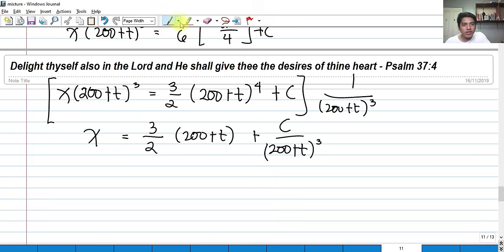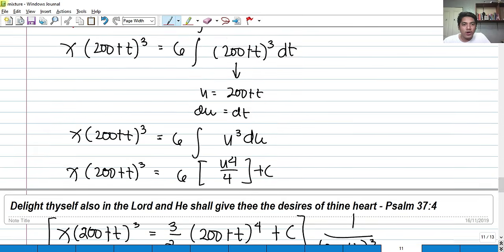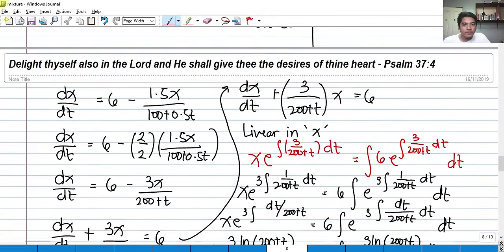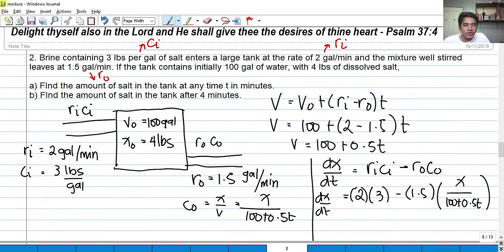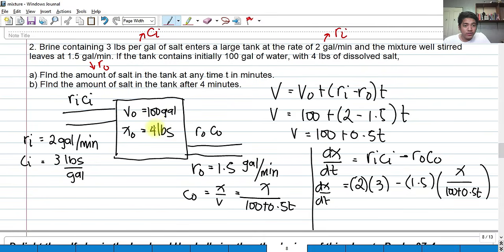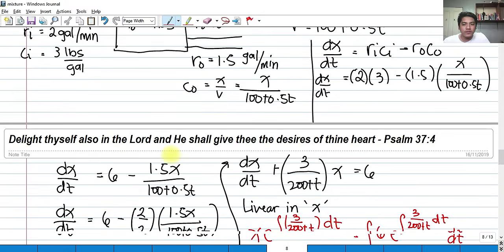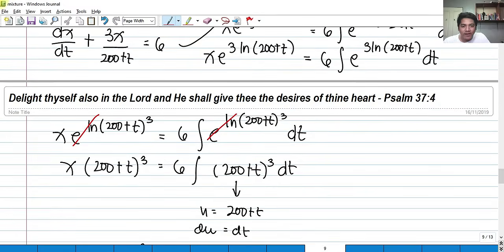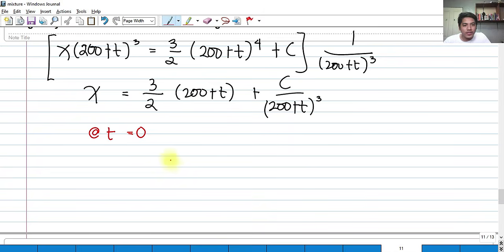So, given the initial condition, let's go back to our condition. At time t = 0, the amount of salt is 4 pounds. That's the x. So, x is equal to 4. What we are going to do is simply substitute.